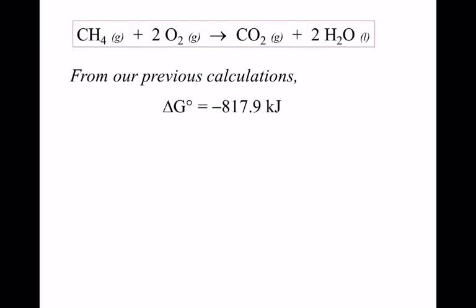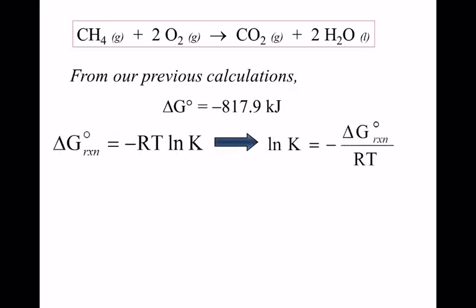Earlier when we looked at burning methane like this, we did the thermodynamic calculations, and we came up with delta G is negative 817.9 kilojoules, according to that balanced chemical equation. So it's clearly spontaneous, with a negative delta G. We're going to use this as an example to solve for K. Let's come up with K or Kc for the combustion of methane.